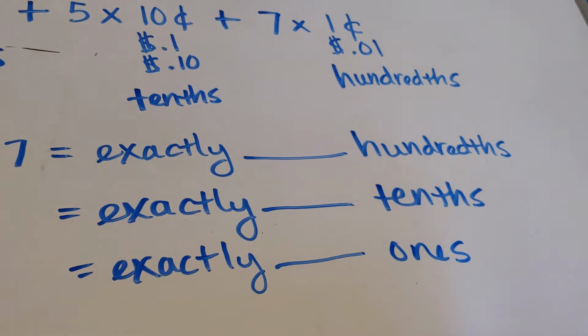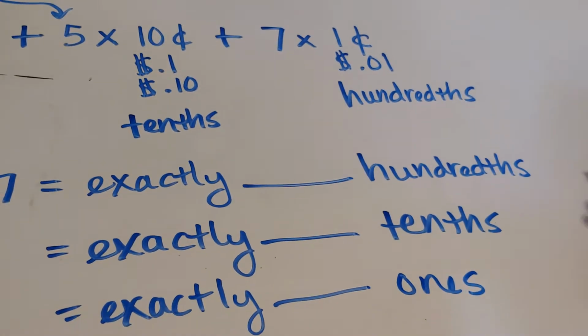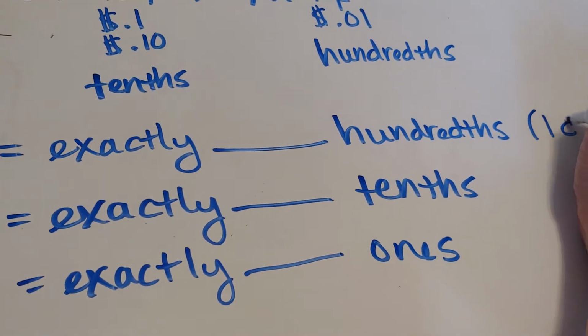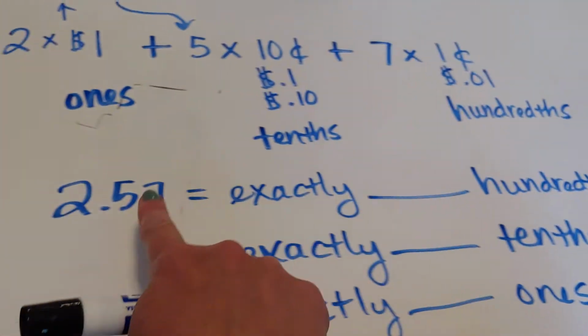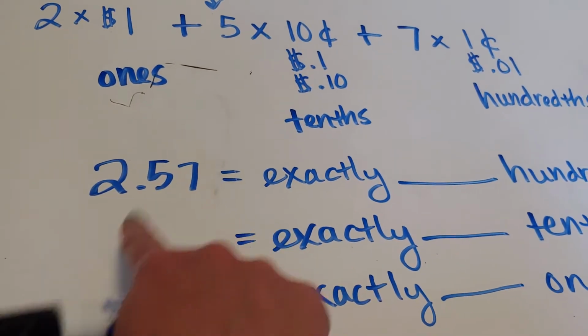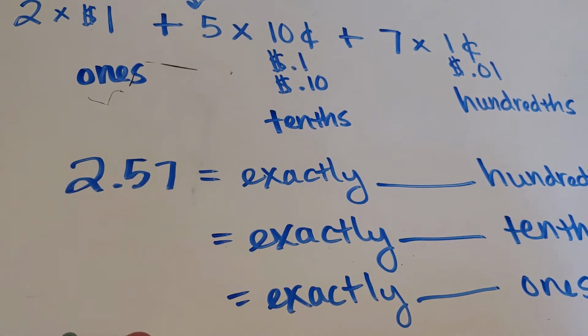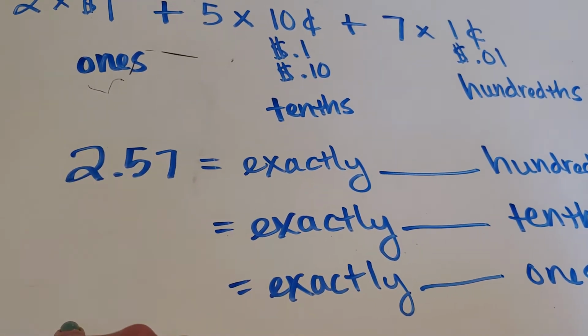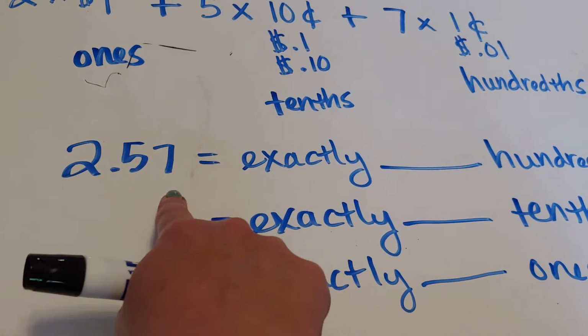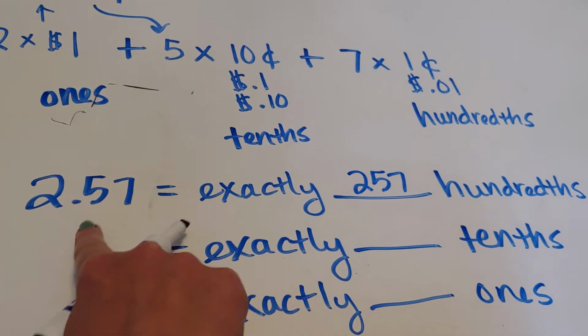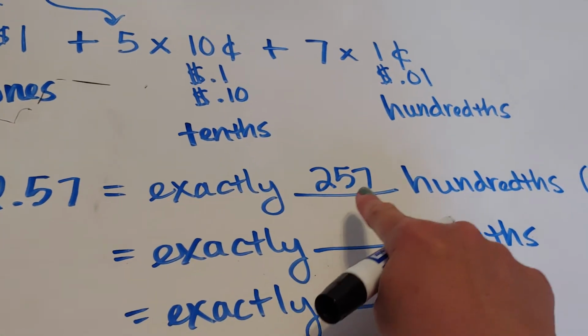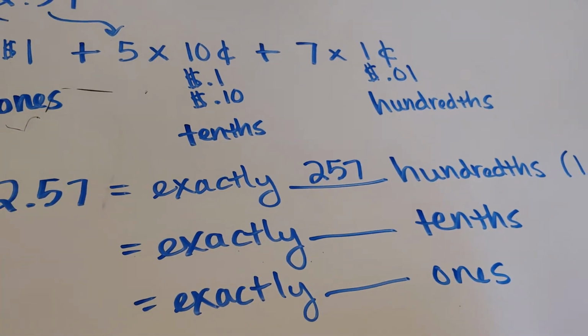Okay. Well, just to remind you, hundredths are the same thing as pennies. So how many pennies would I need to use to write $2.57? I would need to use 257 pennies. So 2.57 is exactly 257 hundredths.